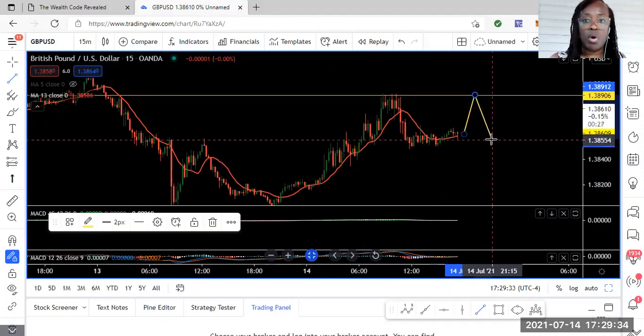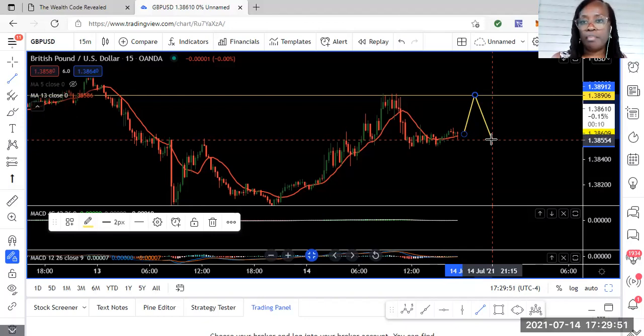So the question may be, well, where do you get out? It really does depend on you. It depends on your risk management. It depends on your TP goal. I do 20 pips, and I work with a 20 pip strategy spreadsheet, which works really, really well for me.